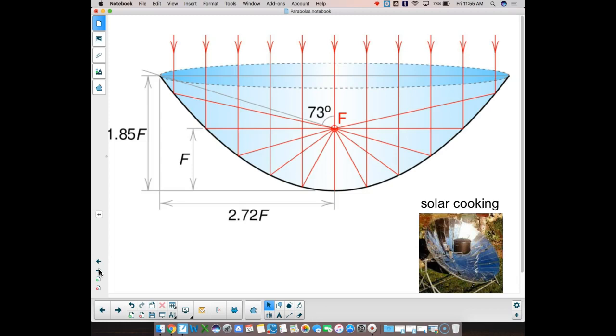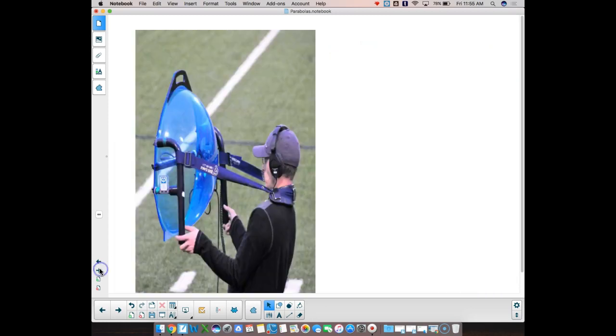Because all of the solar energy comes into the parabola and gets directed to the focus. So that's an example of a real-world parabola.